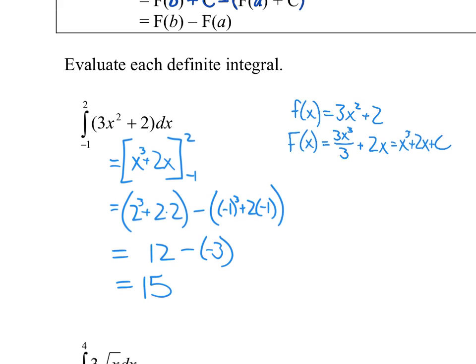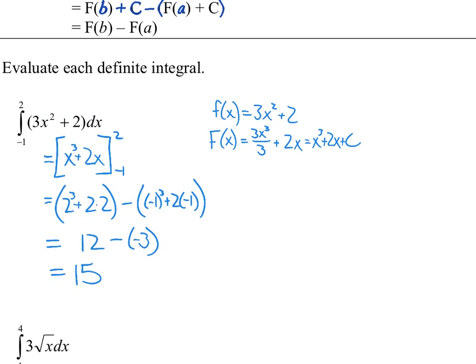But let's look at what's actually happening here. I want you guys to understand what we're actually finding. Okay? If I were to sketch this, the quadratic 3x squared plus 2.